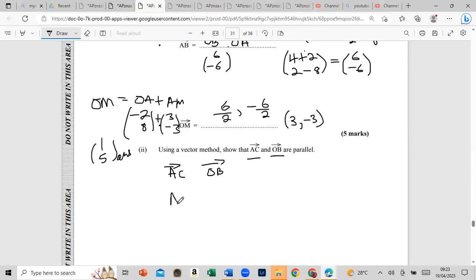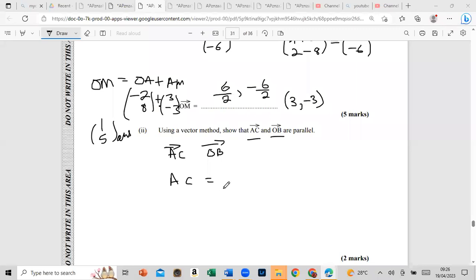Let's look at what AC would equal. AC is going to be, alright, so we start with the last vector, so it's OC minus OA.